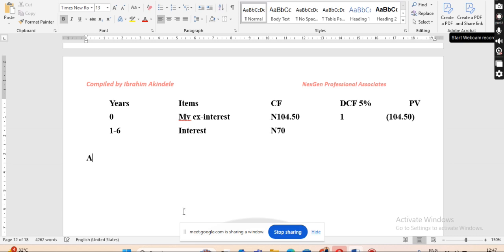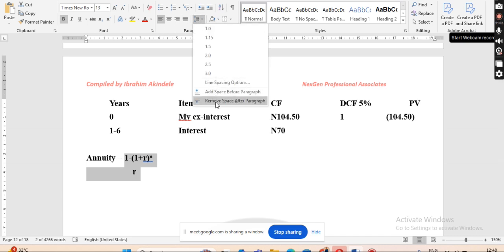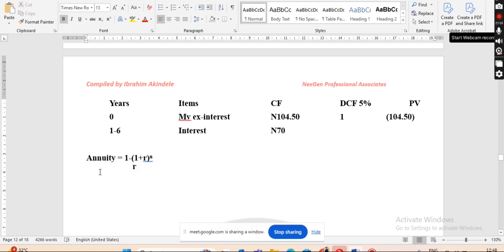Someone should give me the formula for calculating annuity. Divided by R, okay, good. So this is the annuity formula. Use the annuity formula from year 1 to 6. What is the DCF, class?